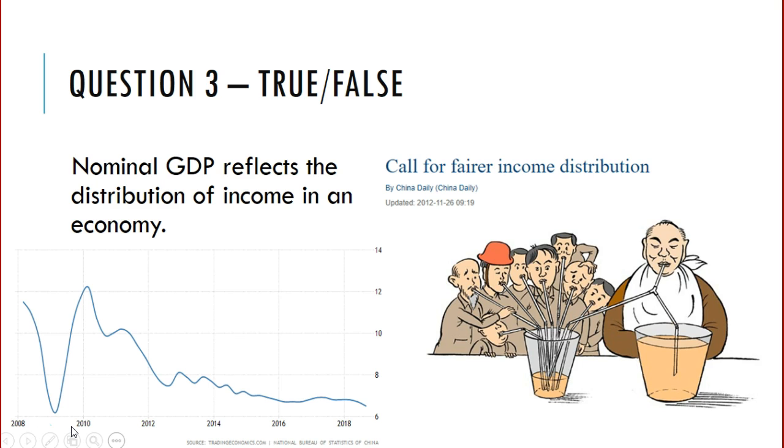So you have the President of China himself saying in a speech back in 2012 that we should be paying more attention to GDP per capita and reflecting on where the benefits of these, at that time, very high levels of economic growth are accruing, who is gaining the benefits.